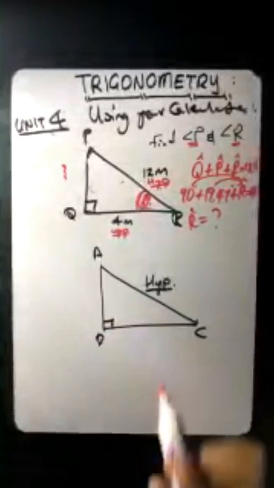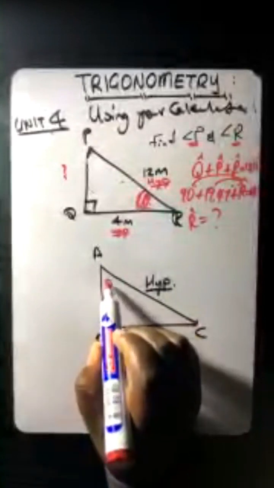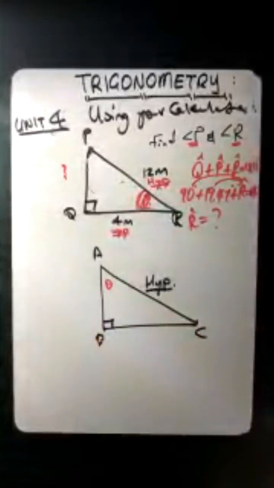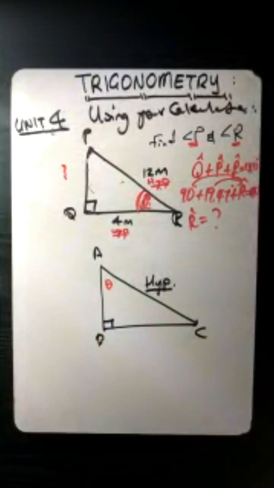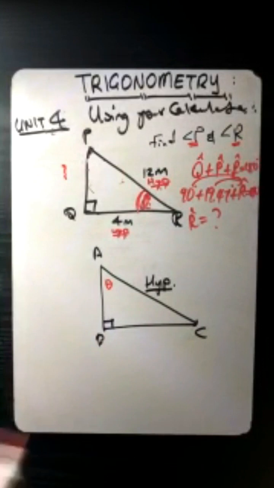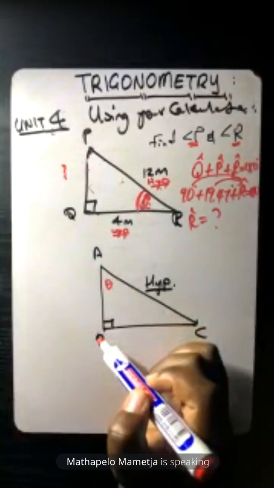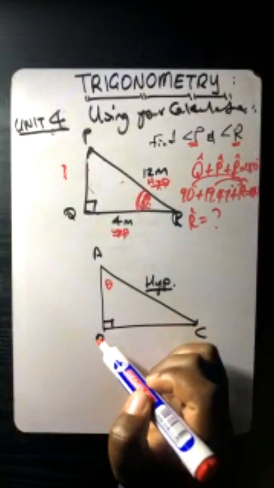So now, let's talk, Matapelo. If I put an angle there, which side is adjacent, which side is opposite? Remember? AB. AB is adjacent.